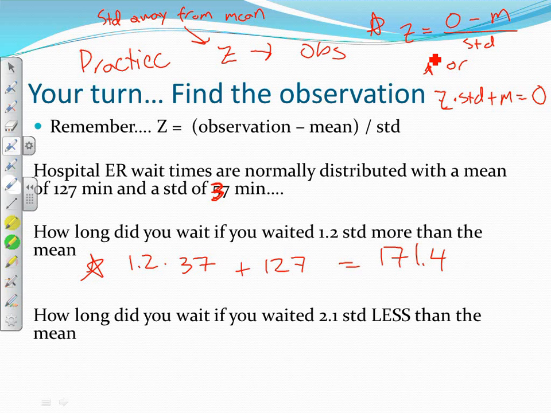49. What does it mean to be 2.1 standard deviations less than the mean? What's our z-score? Negative. Negative 2.1 is our z. So we should have negative 2.1 equals, I'll just show you the other way to do it, O minus the mean divided by the standard deviation, multiply by 37, add 127.